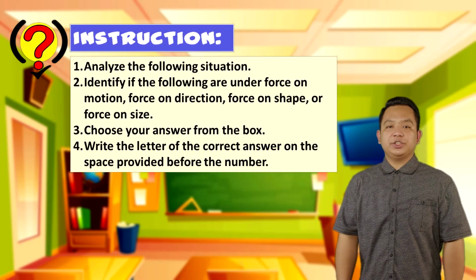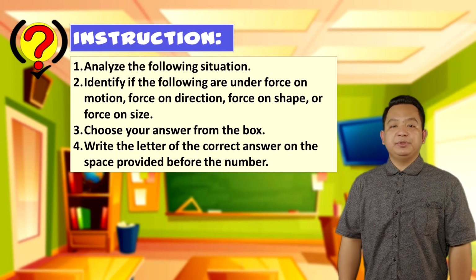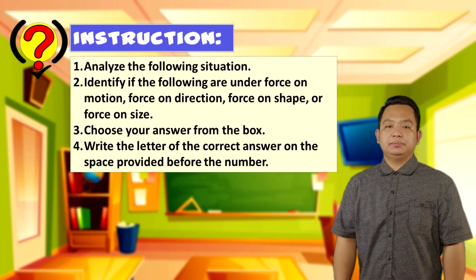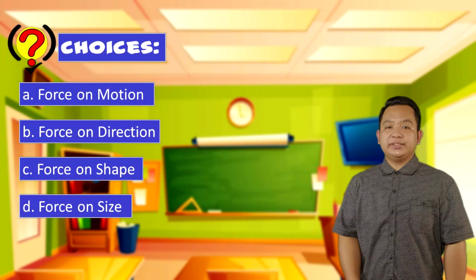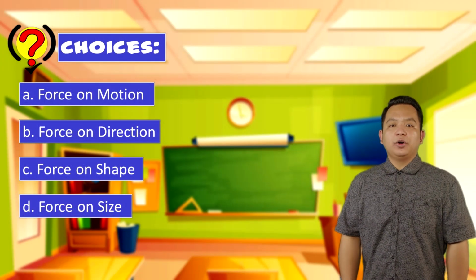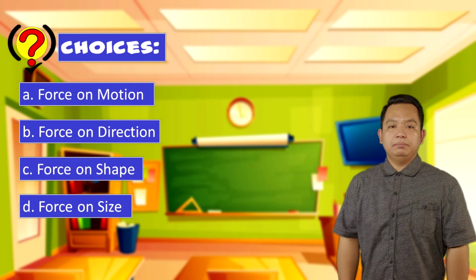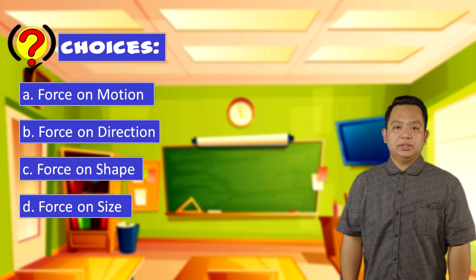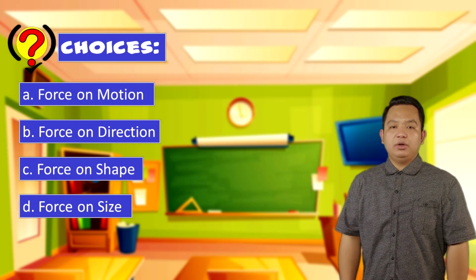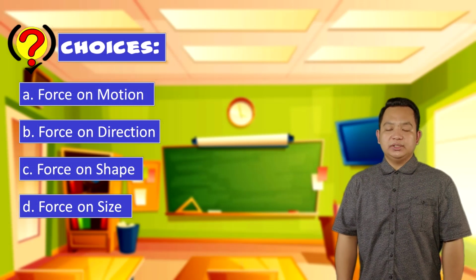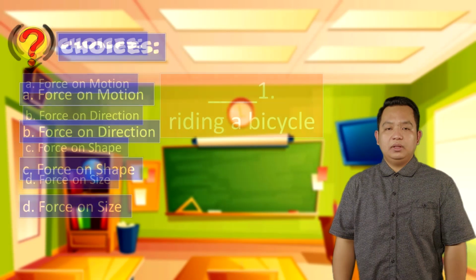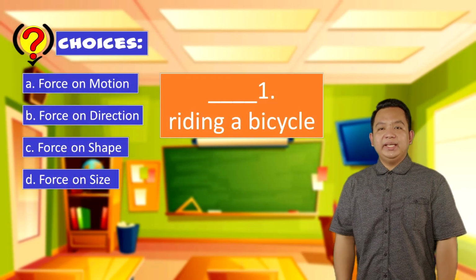Write the letter of the correct answer on the space provided before the number. Your choices are letter A, force on motion; B, force on direction; C, force on shape; and D, force on size. Number 1, riding a bicycle.